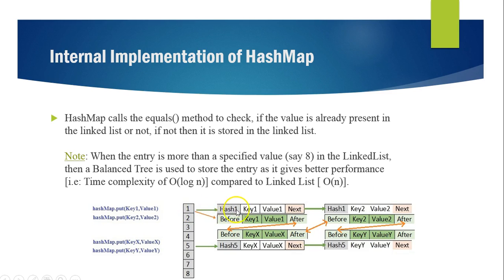So at this index position we will store key 1 value 1, key 2 value 2, and go on storing key 3 value 3, key 4 value 4 till key 8 value 8. After key 8 value 8, if we want to insert key 9 value 9 and it is also pointing to the same index position, then this linked list will be replaced by a balanced tree because it is better in performance.